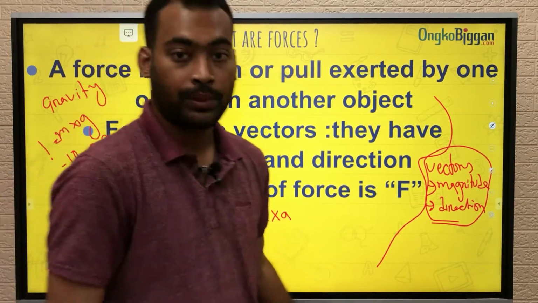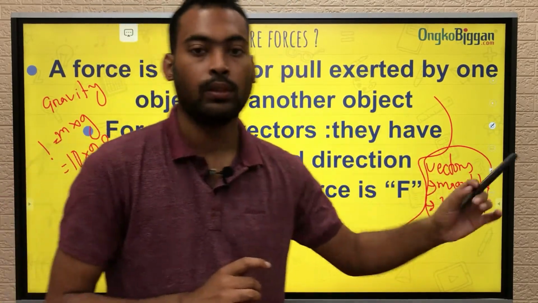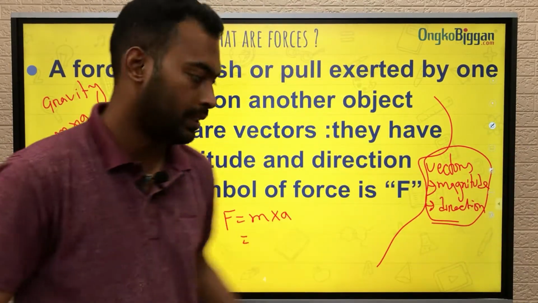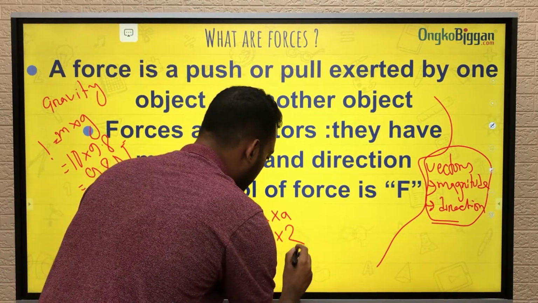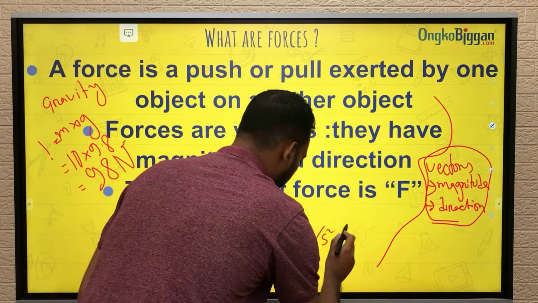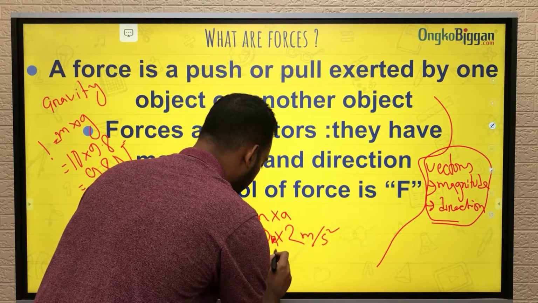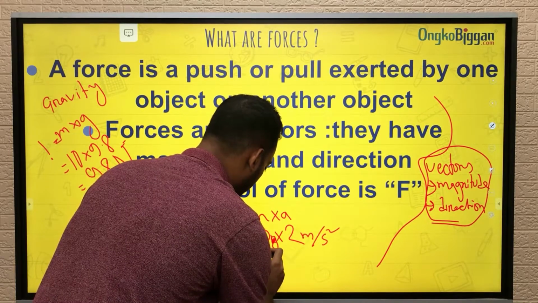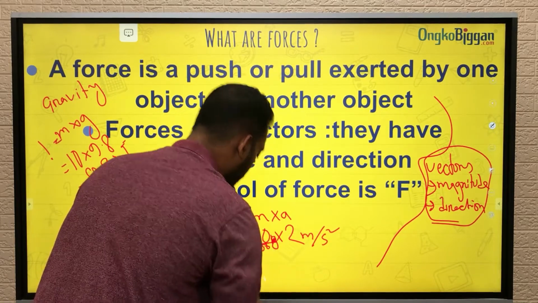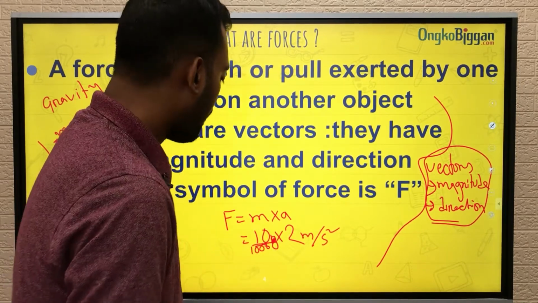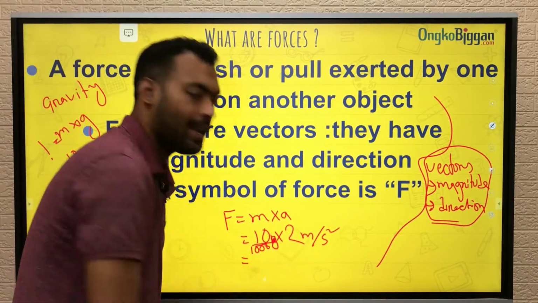So the mass of that object was 10 gram, and after I put a force, it moves with a certain acceleration. Suppose the acceleration is 2 meter per second square, and the mass is in gram. Okay, so if we square, we need to convert it into kilogram, 1000. Now this m into a will be equal to the force I applied.